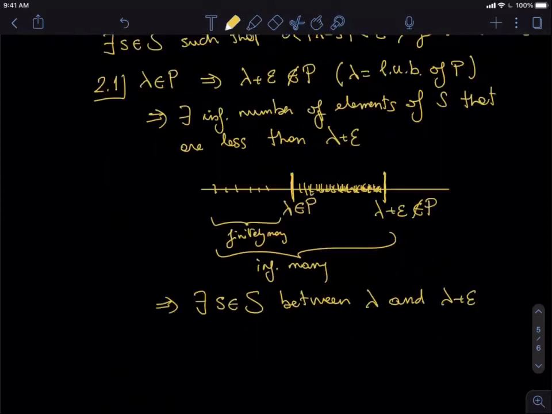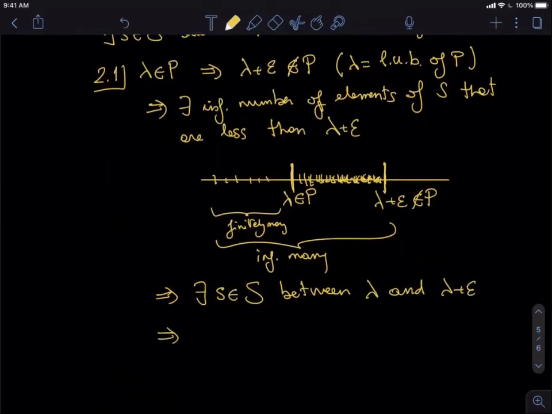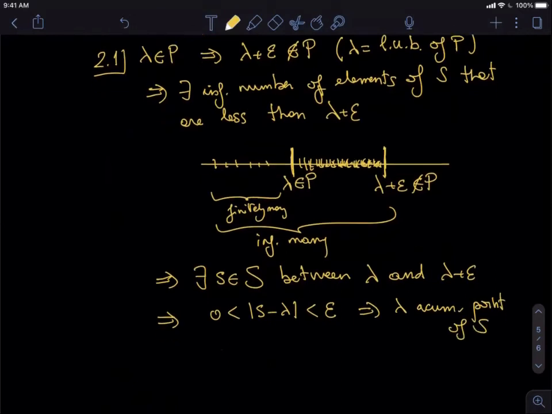And this means that it is true what we were saying, that the absolute value of s minus lambda is between 0 and epsilon, and therefore lambda is an accumulation point of S. So this is the first case.